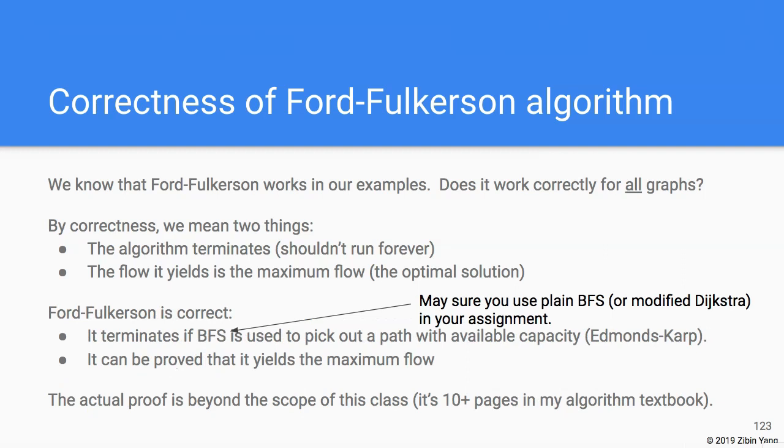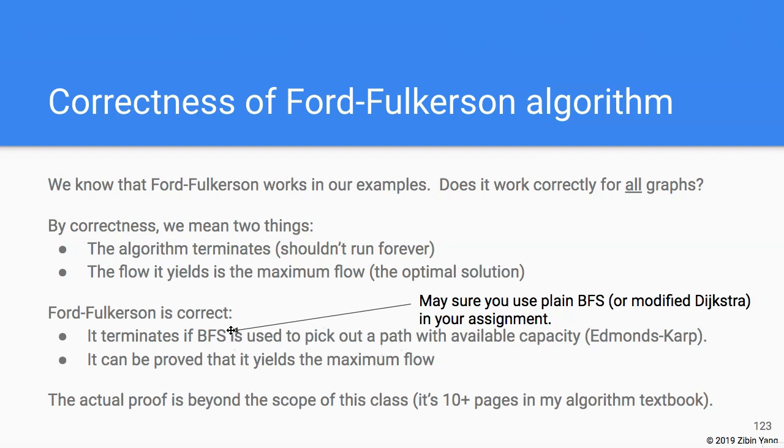As a matter of fact, it can be proved that Ford-Fulkerson is correct. For it to terminate, it can be proved that if we use breadth first search to pick our path with available capacity, then it will always terminate.